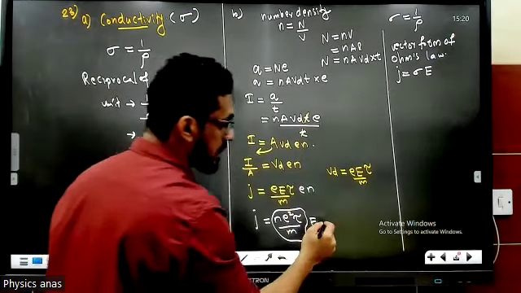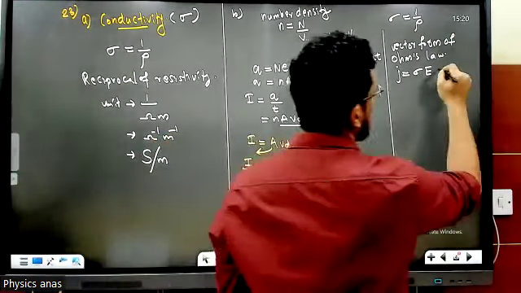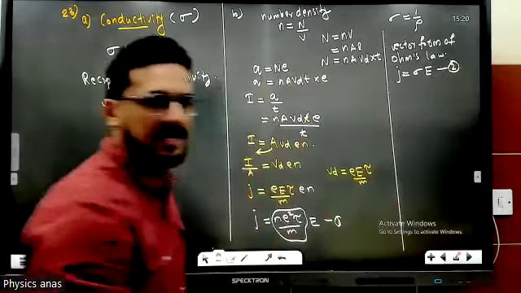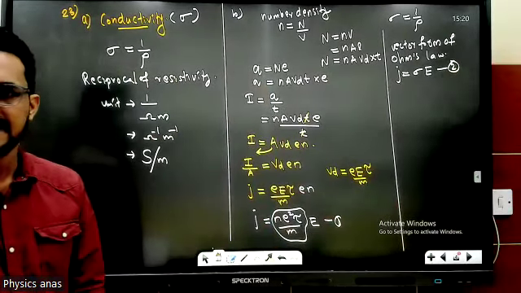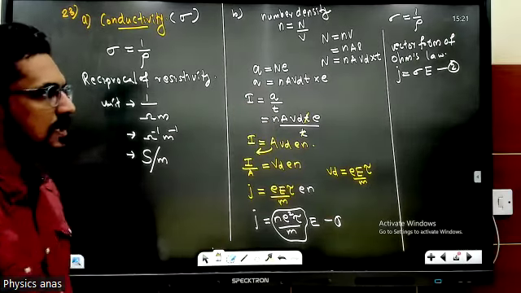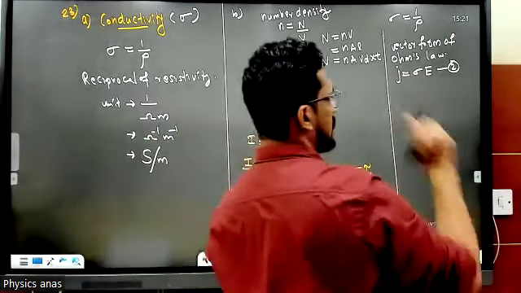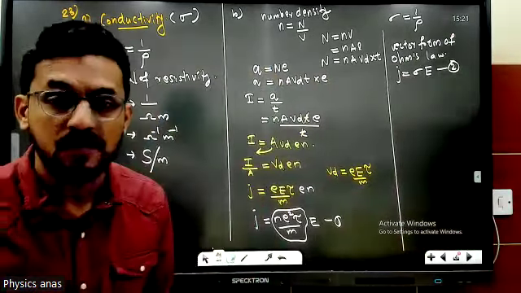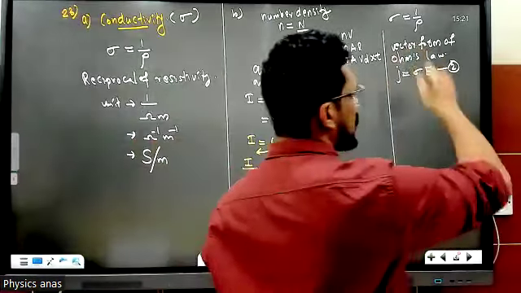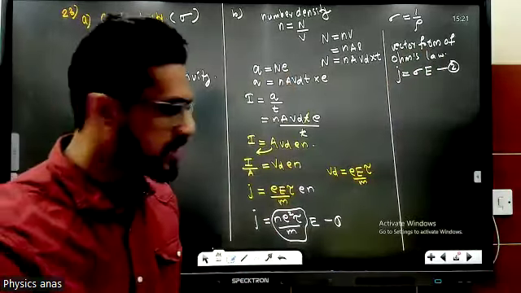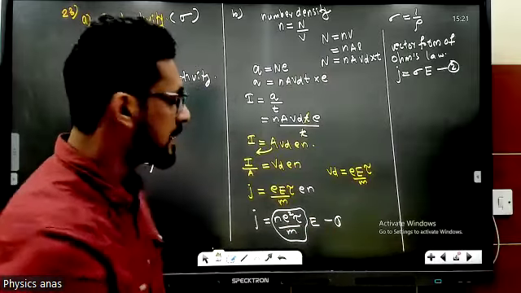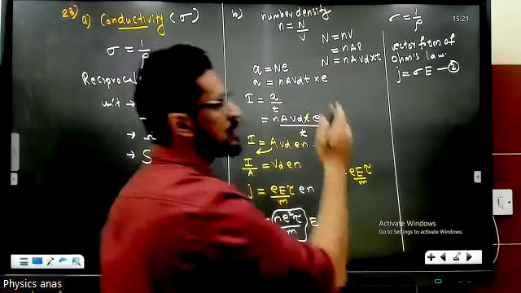I am taking this equation as equation number 1 and this equation as equation number 2. Just look at the two equations. The first is J equal to some term into E. The second is the vector form of Ohm's law, J is equal to sigma E. Both are equal, so this whole term is equal to sigma.